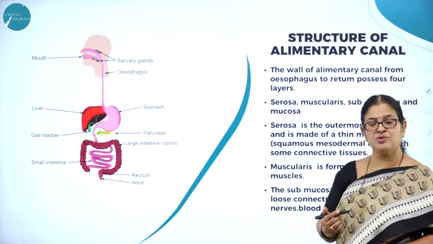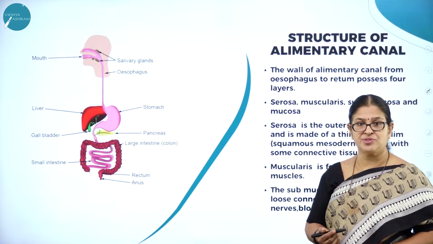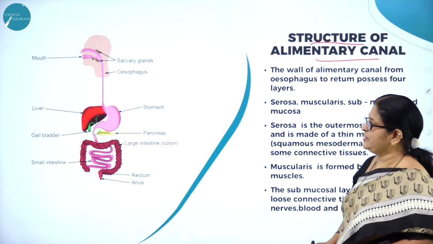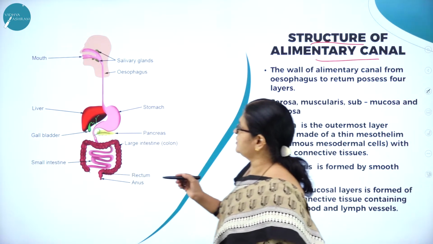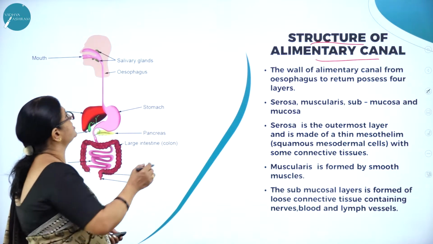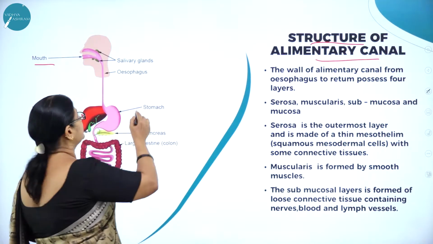As we know, it is also called the alimentary canal associated with digestive glands. So now let us study the structure of the alimentary canal. Here you can see the mouth which leads into a buccal cavity.